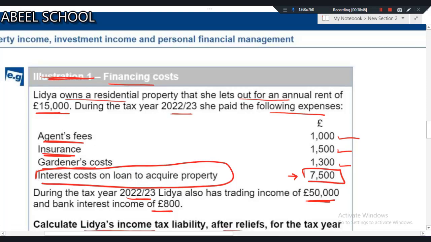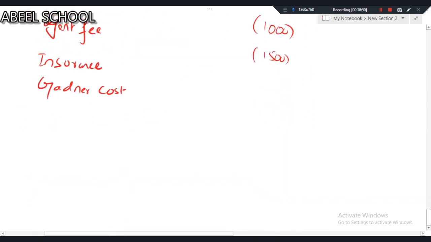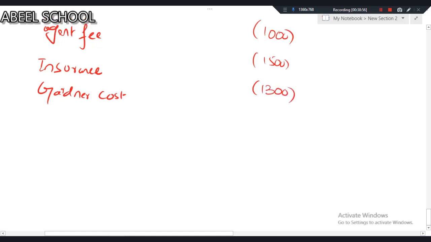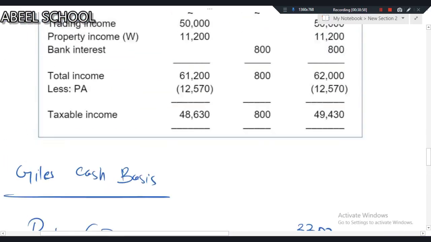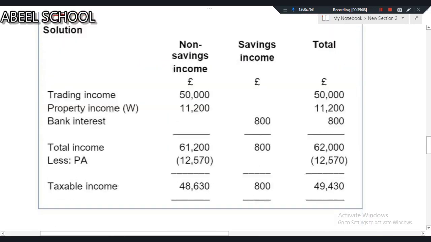Gardener cost is 1,300. We have taken agent fee, we have taken insurance, we have taken gardener cost. That's it. We'll get the property income.